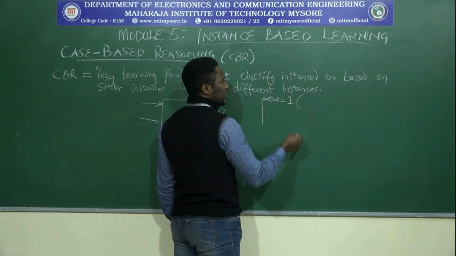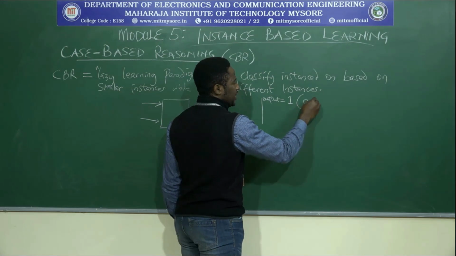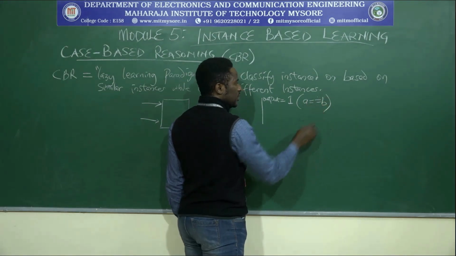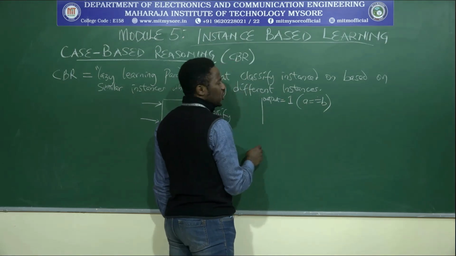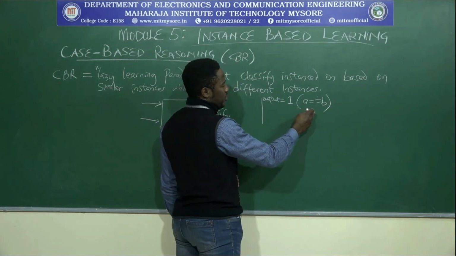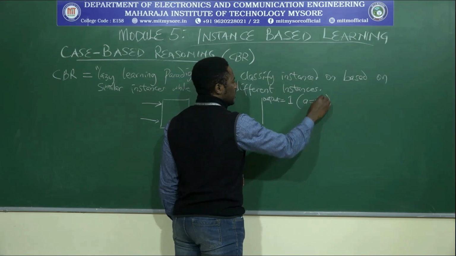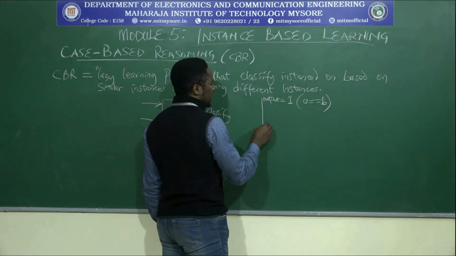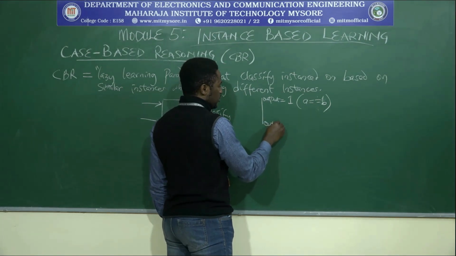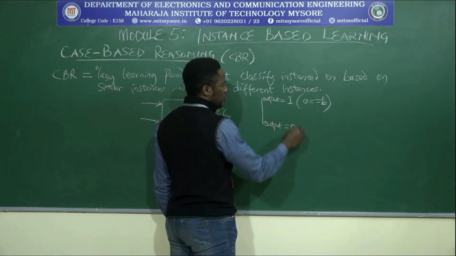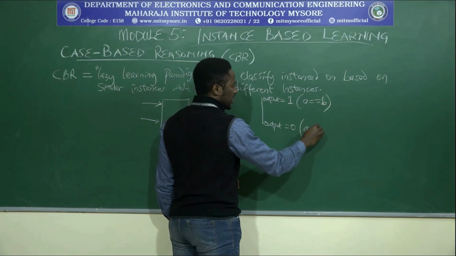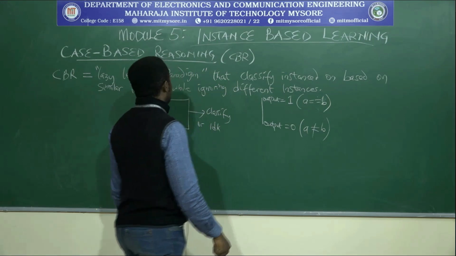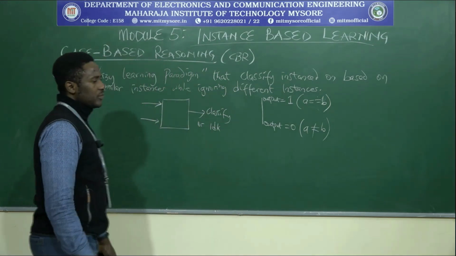Say an instance A, if instance A is exactly equal to instance B. Now, usually we don't use this, it's a comparative operator, but just take it like that. If they are exactly equal, otherwise the output will be 0, if the instance A to be classified is not equal to the instance B. So that is what we have here.